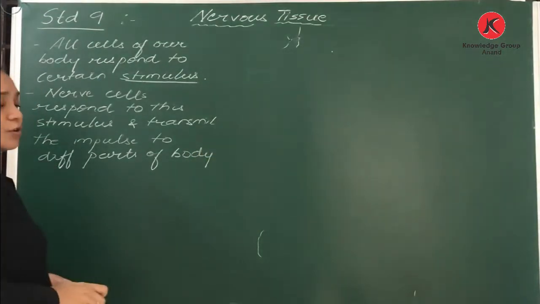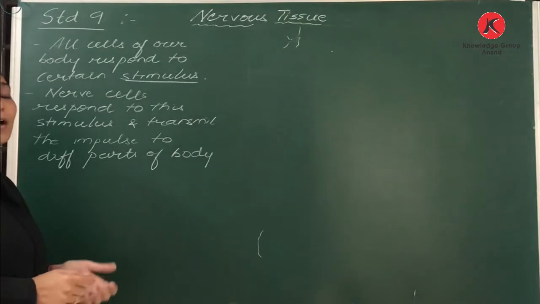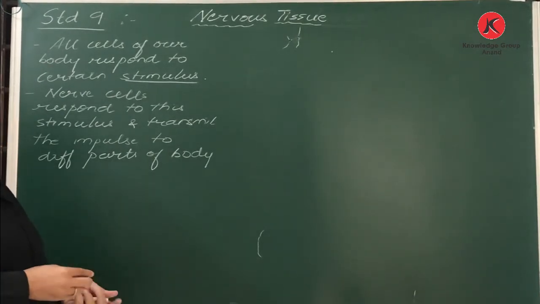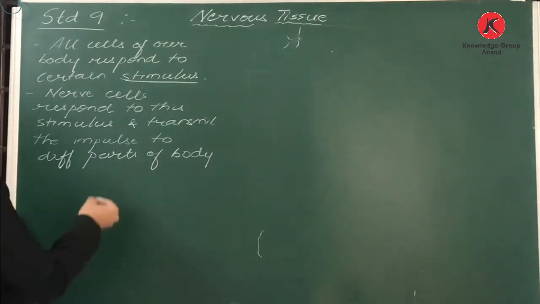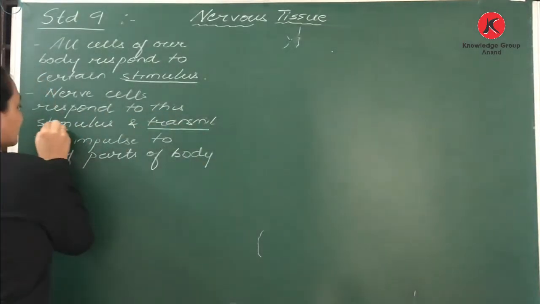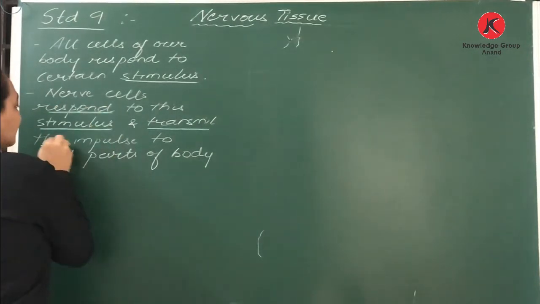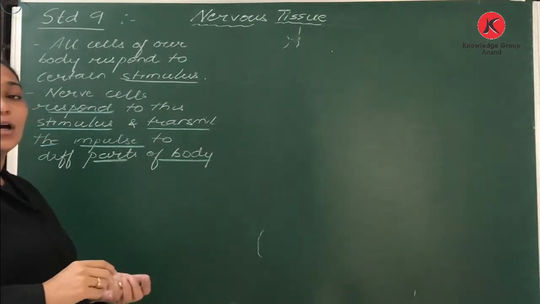Okay, so cells will be responding to the stimulus, but out of all the cells, the main ones are the nerve cells, and these nerve cells will be responding to the stimulus, as well as after responding they will transmit the impulse to the other parts of the body.